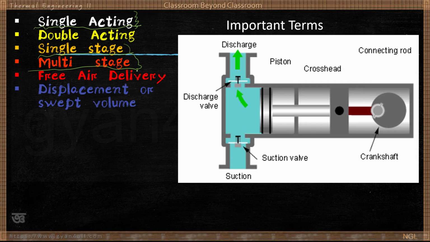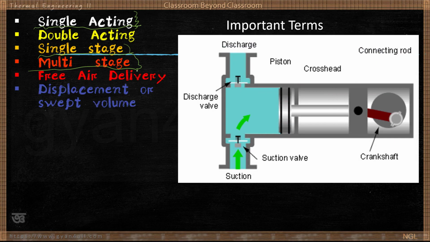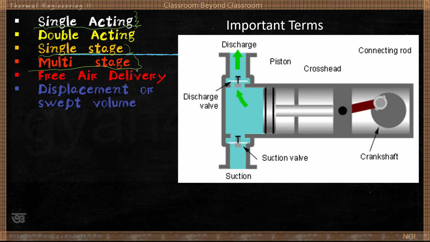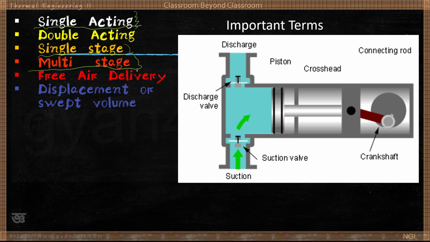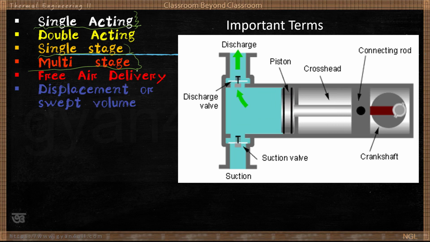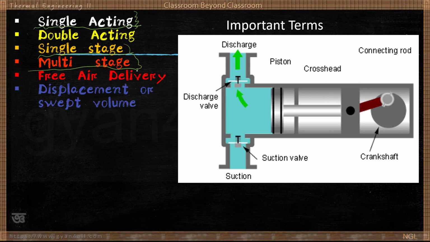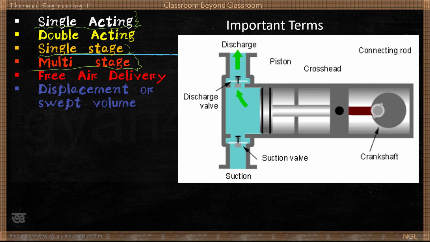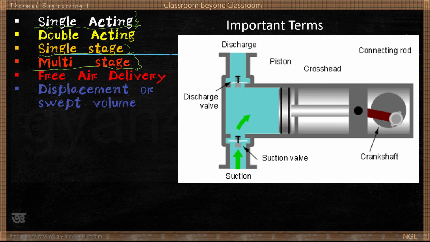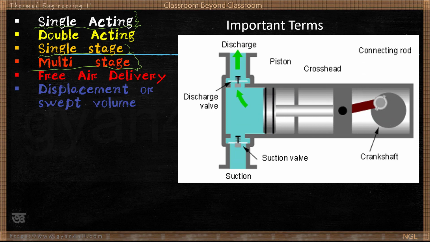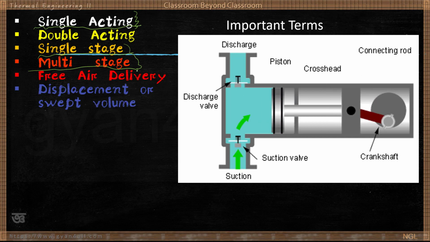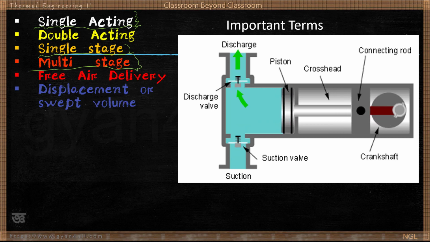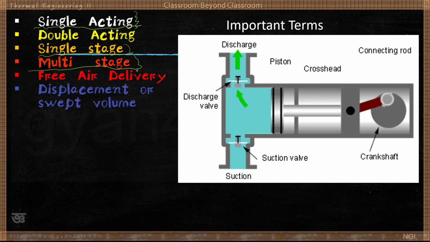Now you see, suction takes place, and after some time, after compression, it is delivered or discharged. This is the piston and crank mechanism. Suction, compression as well as delivery. Suction, compression, delivery. So what is this?